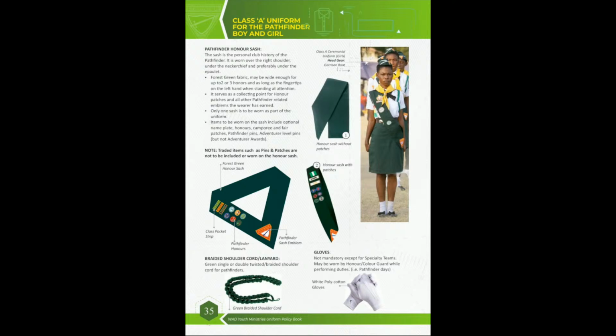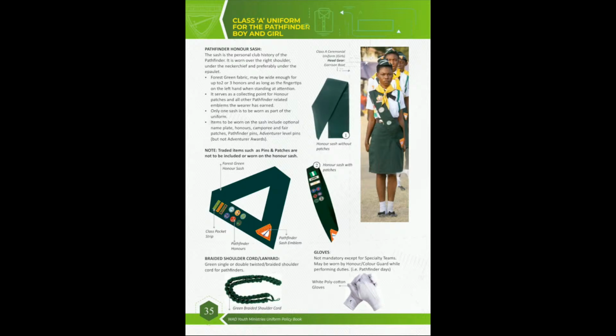So the adventurer, they can put on their gloves, and they should be white. Every glove that they put on should be white. So for boys, their pants should be green, and the shirts should be white or khaki.